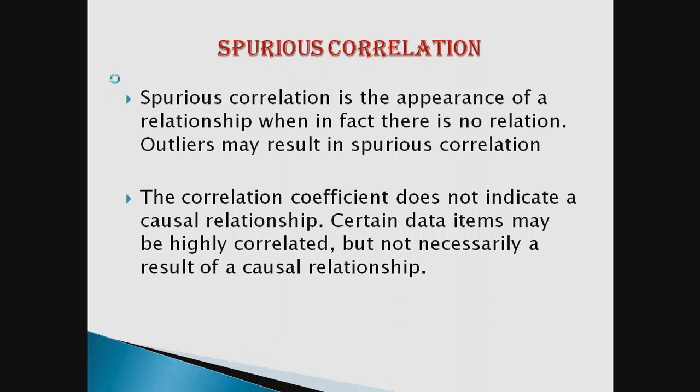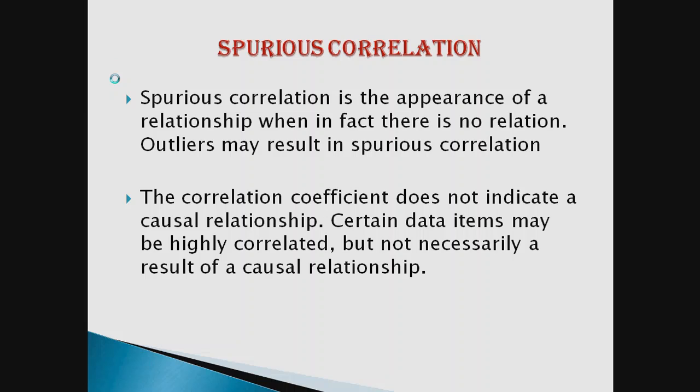The outlier may be quite large or small depending upon the lower control limits and upper control limits. Sometimes these outliers may result in spurious correlation. It appears to be a relationship between the variables, whereas in fact there is no relationship between them. So this is called spurious correlation.